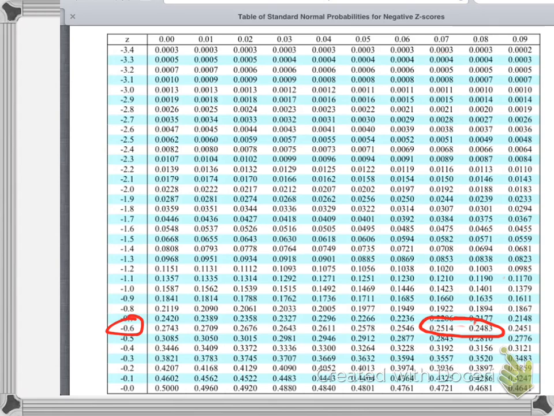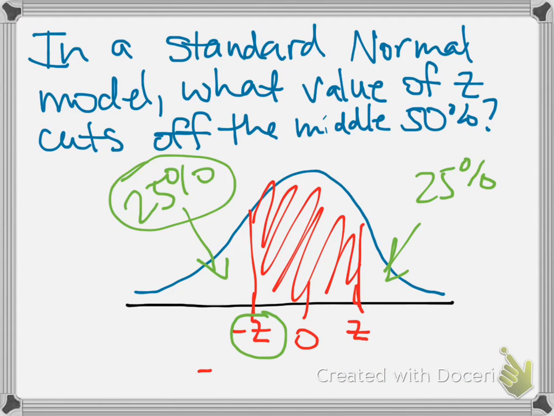So the z-scores that we're looking at are negative 0.67 and negative 0.68. So I'm pretty comfortable approximating this z-score as negative 0.675. So there's one of our z-scores.